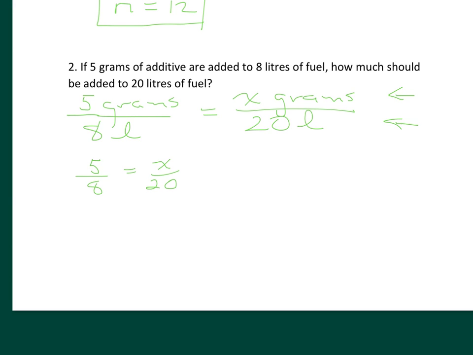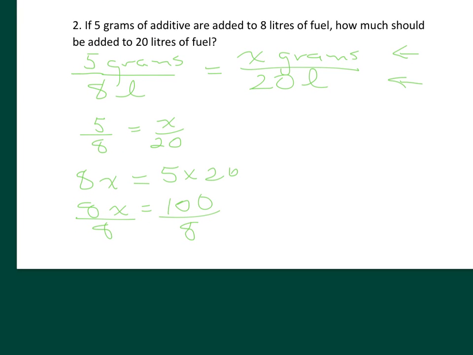So now let's do our cross products. We've got 8x equals 5 times 20, or 8x equals 100. We'll divide both sides by 8, and we'll have the result that x equals 12.5.